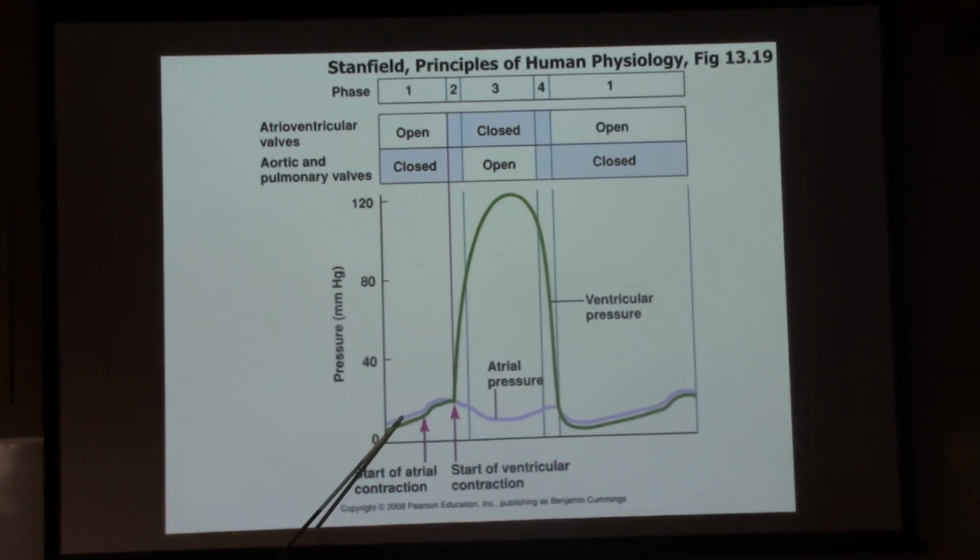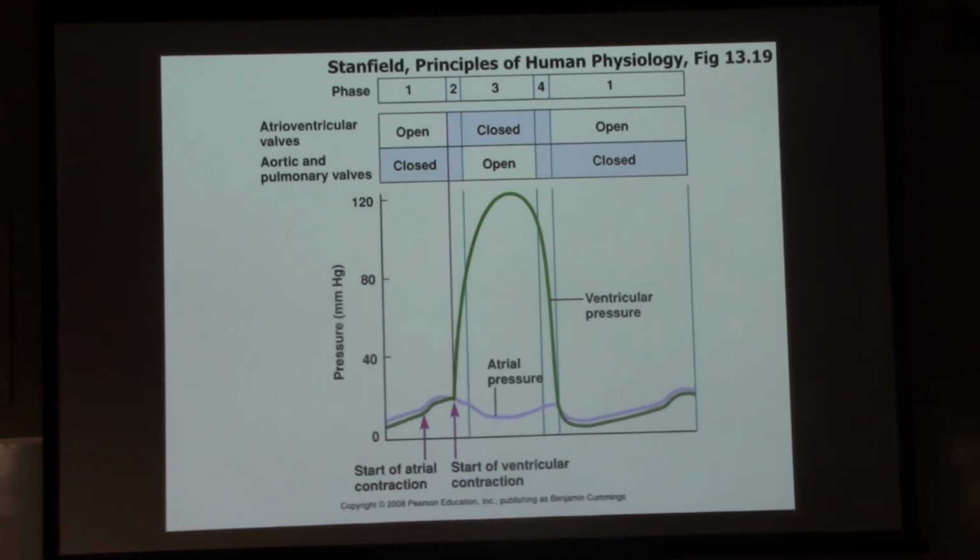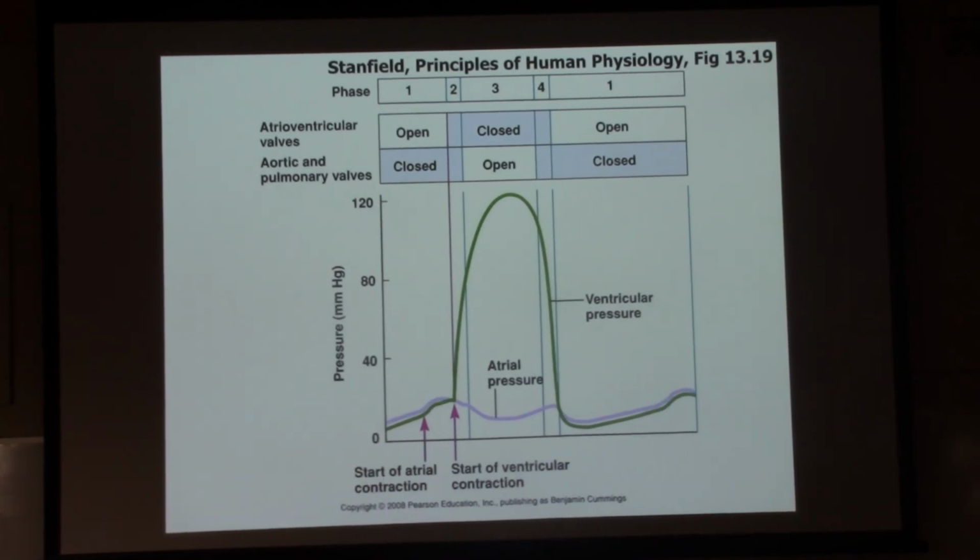You can see that atrial pressure is higher than ventricular pressure. It doesn't have to be higher by much, it just has to be higher. And that keeps those AV valves open so blood passes through the atria into the ventricles. And that's what we get here while the ventricles and the atria are filling up. AV valves are open, semilunar valves are shut.